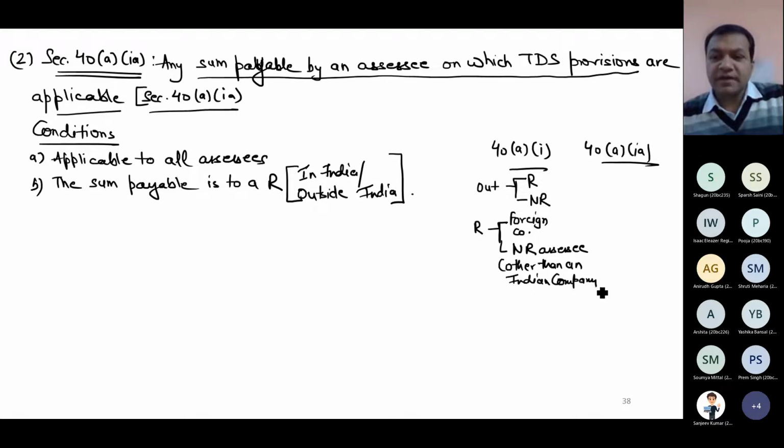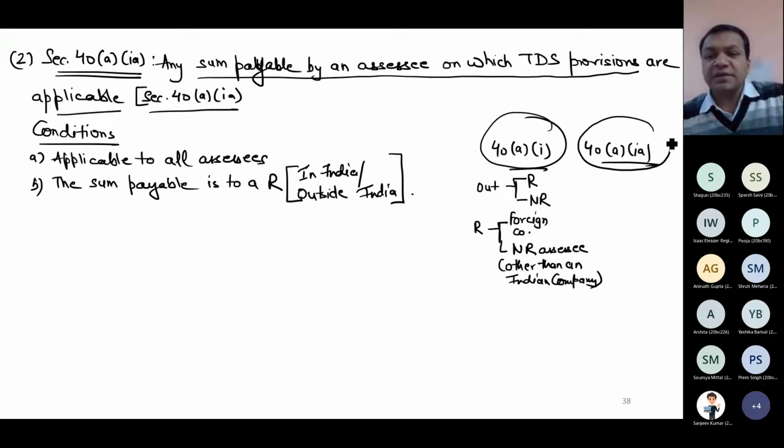That was the payment condition in 40A1. But in 40A1A, what is the payment condition? Payment should be to any resident. That resident can be in India or outside India. That's it.